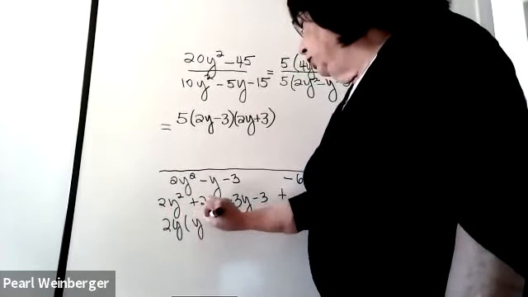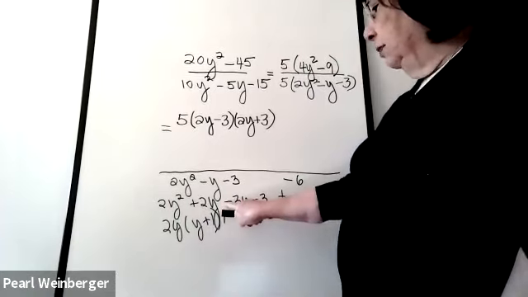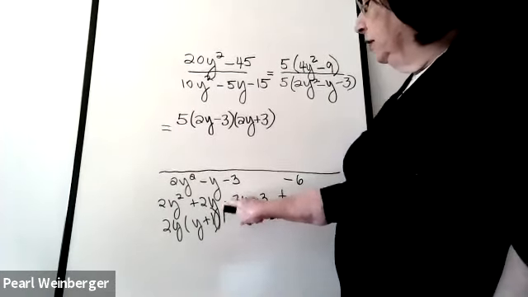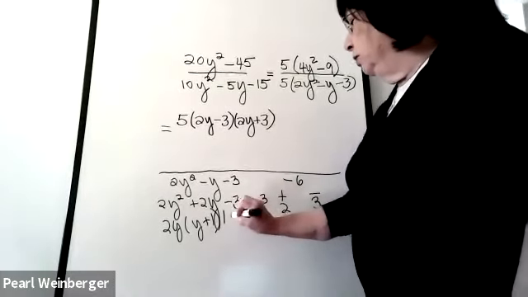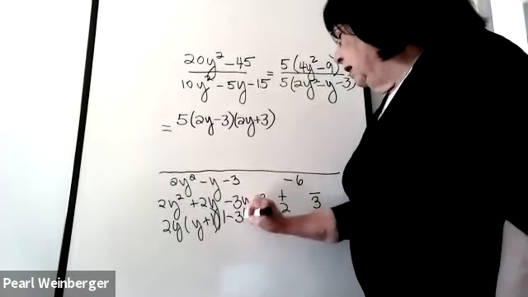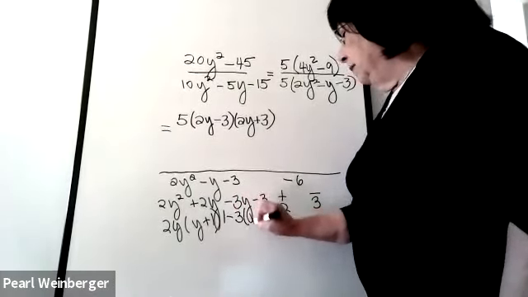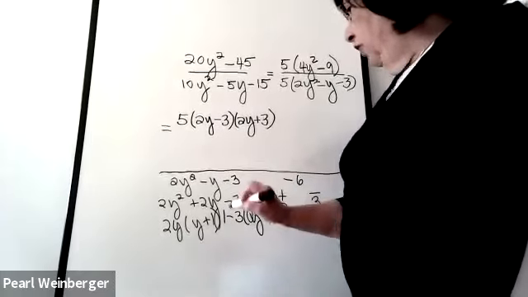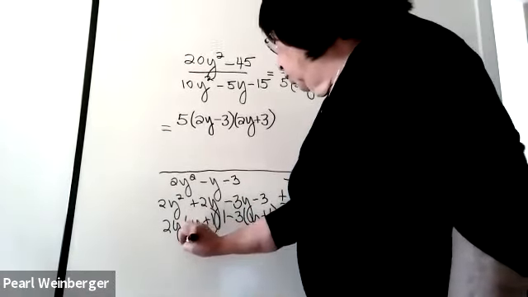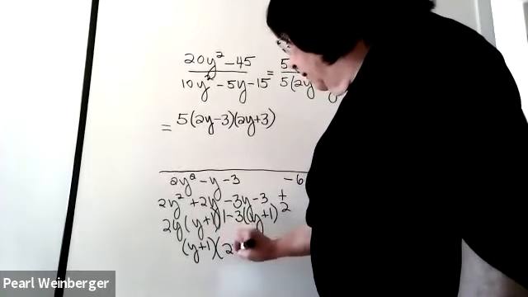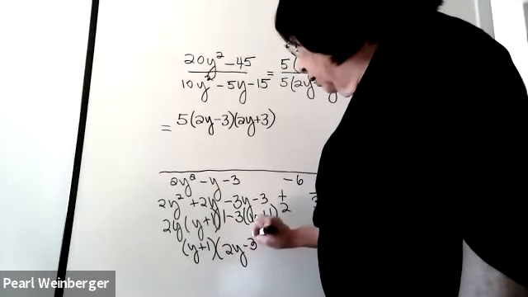In my second group, 3 is a common factor, but it has to be a negative 3 because the starting term of this group is negative. So this becomes negative 3 times y, and negative 3 divided by negative 3 is plus 1. So that this factors into y plus 1 and 2y minus 3.